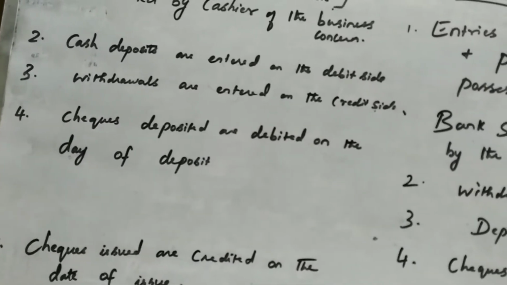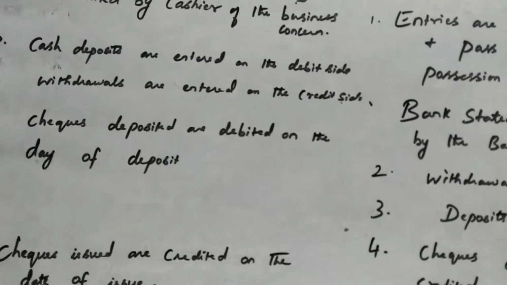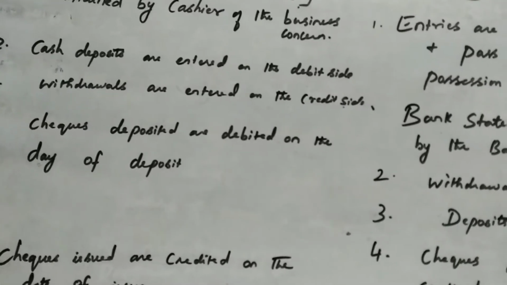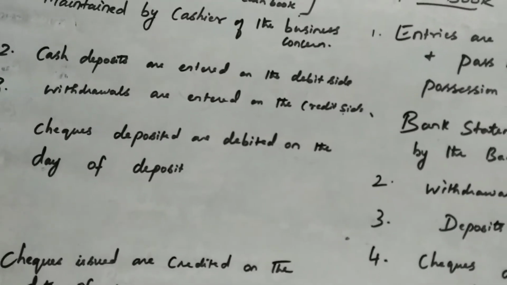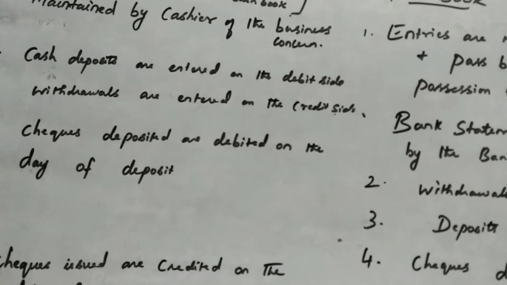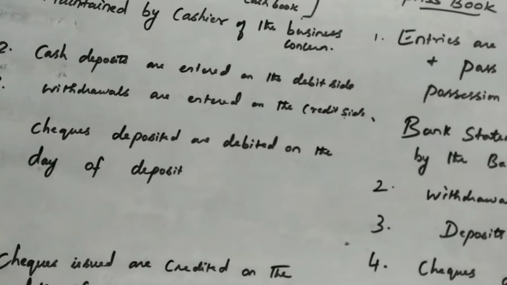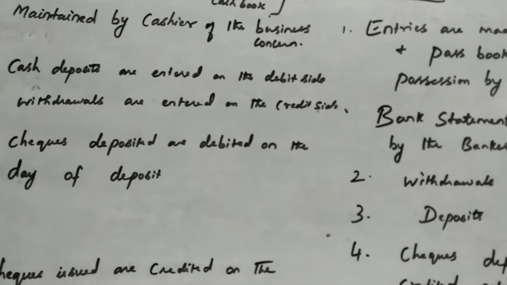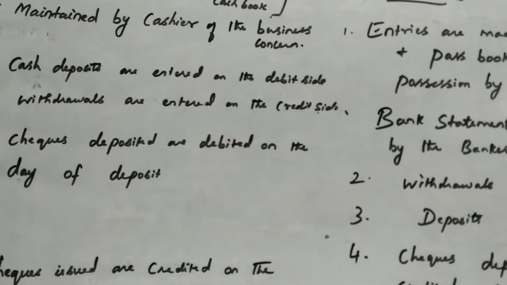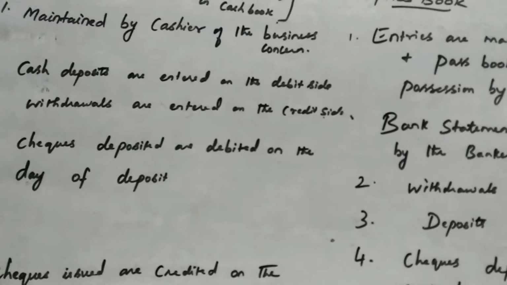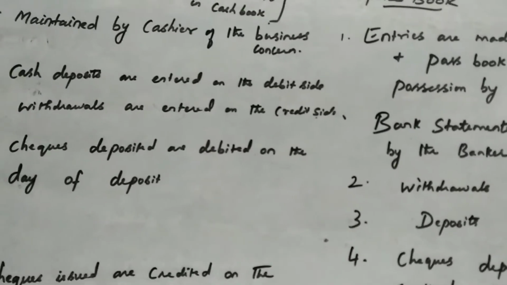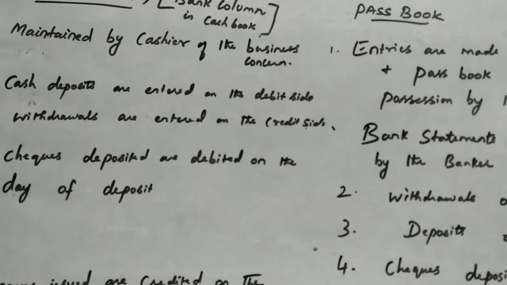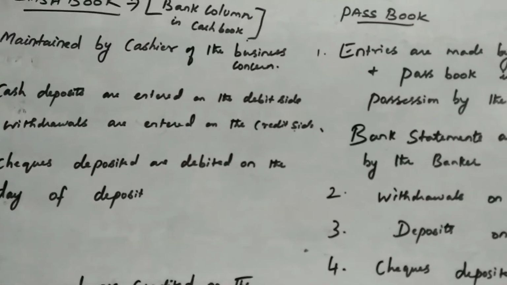You have given a check to someone, right? Once you give a check, you will immediately record that in your cash book. Whereas the other person will take the check and deposit it with his bank, and it will take around 1 or 2 days for the check to get realized. That is in case of issue of check.